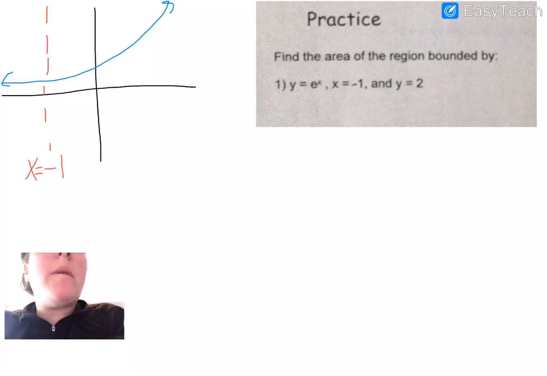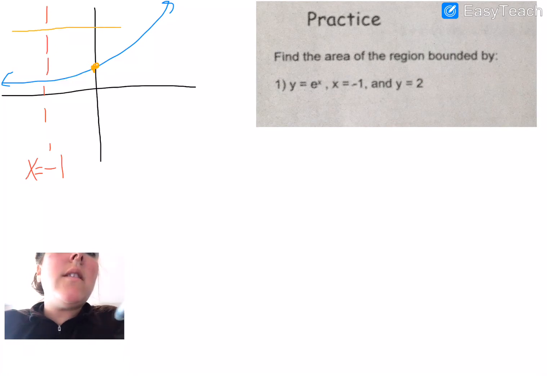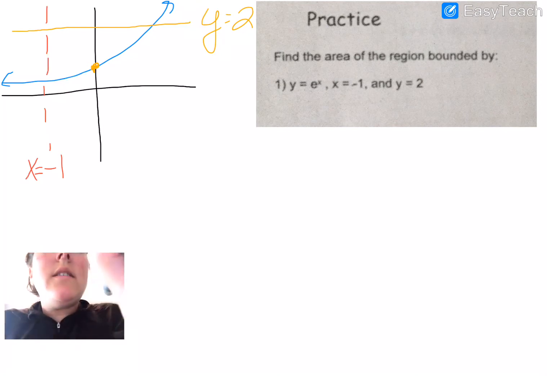One thing you should remember from pre-calculus and algebra 2 is that e to the x intersects at 0, 1. So y equals 2 is going to be this line right here. To find the area between, I'm going to look for this green area right here.